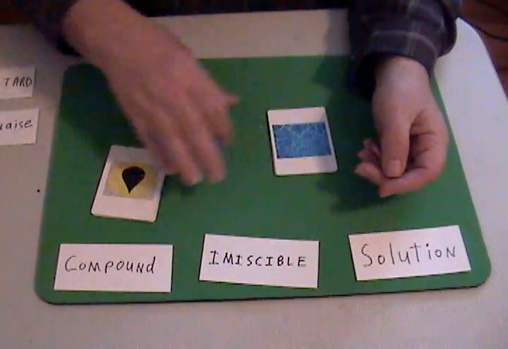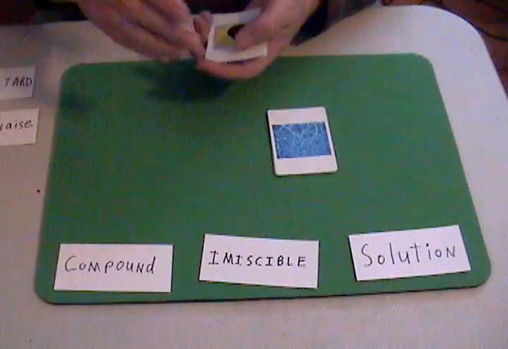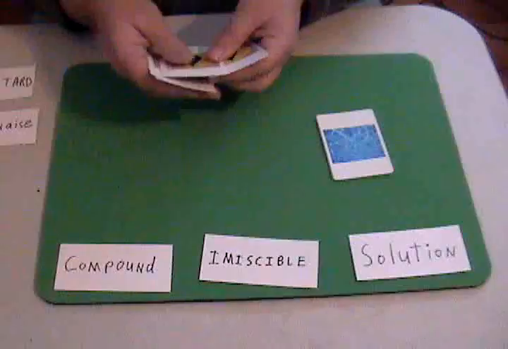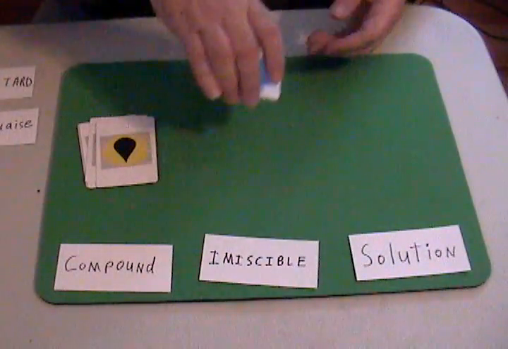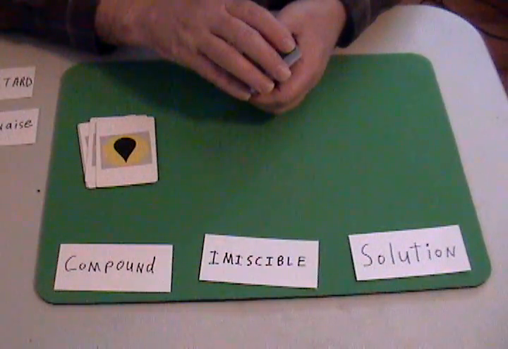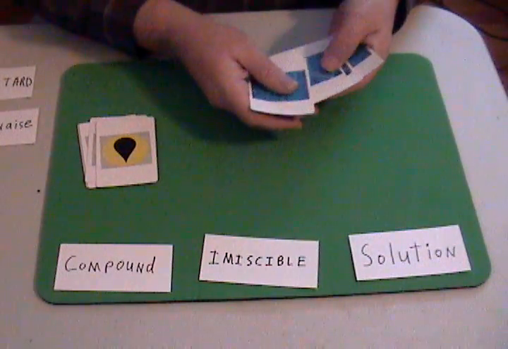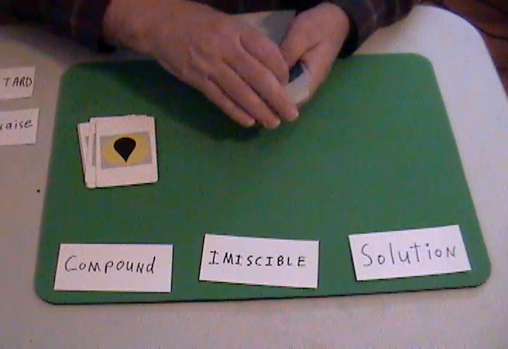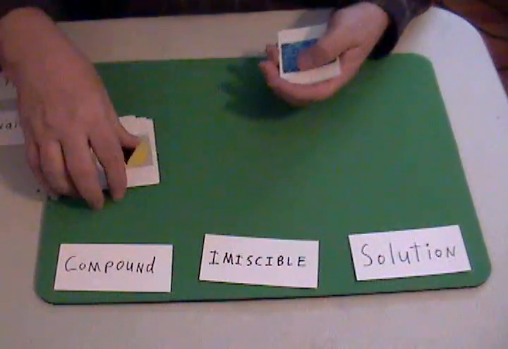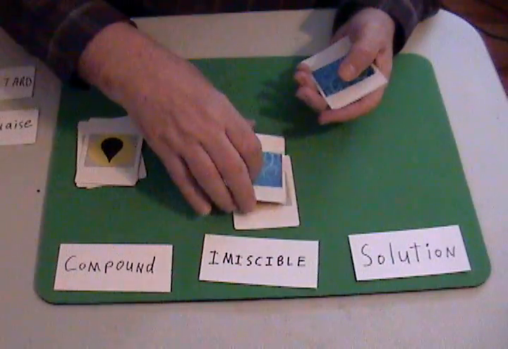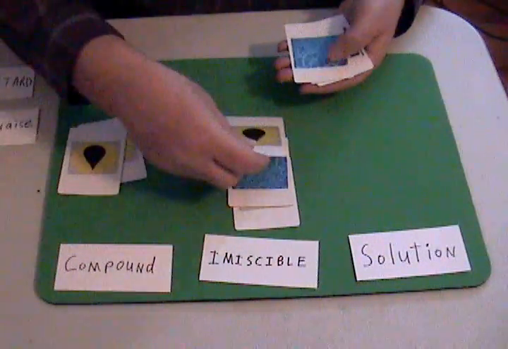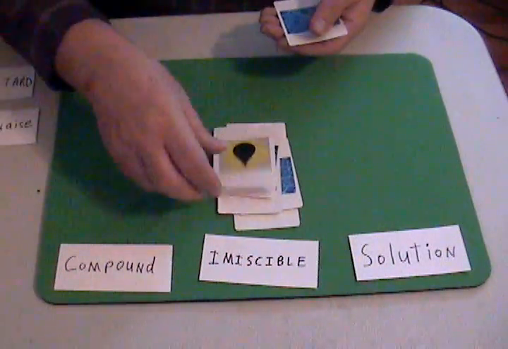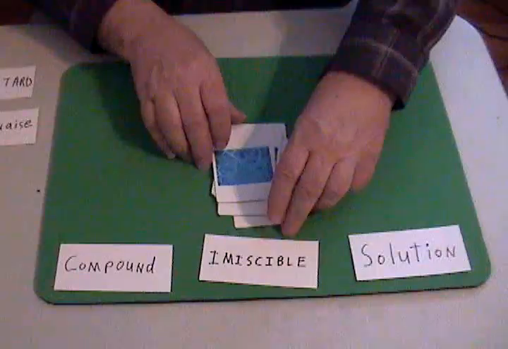Now, what we could do is separate them and do it again. This time, so there's no funny business, let's do it face up. That should be fairly easy. So now we'll do the water face up, and now let's mix them again. Oil and water.